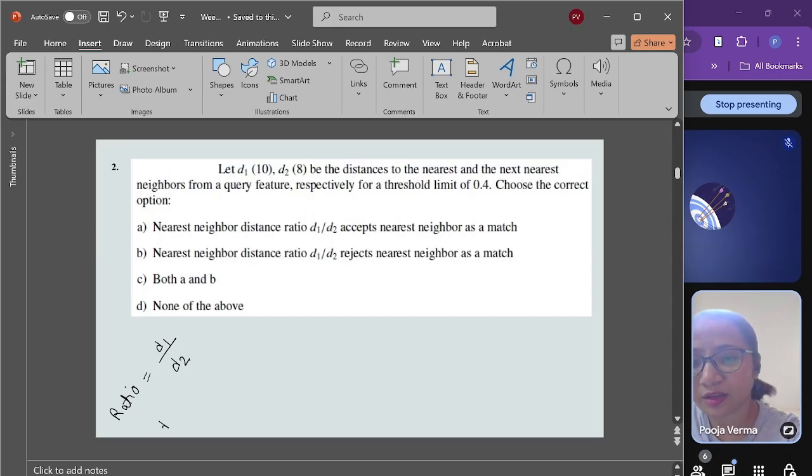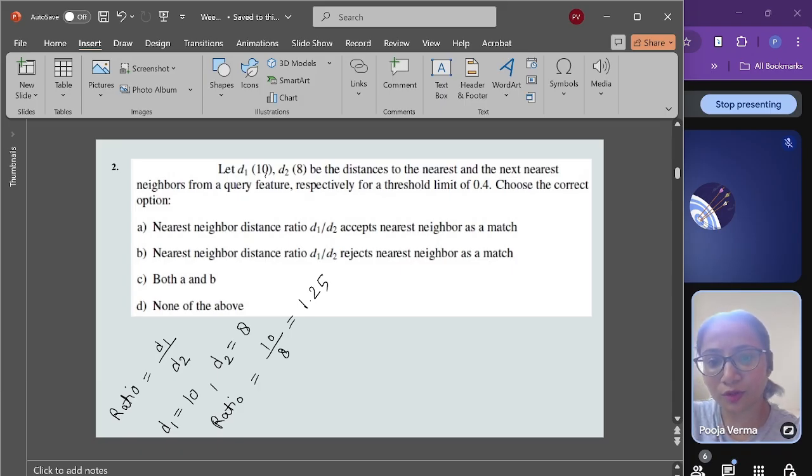Here D1 is given as 10 and D2 is given as 8, so the ratio is 10 by 8, which is 1.25. To decide whether to accept or reject the nearest neighbor, we compare the distance ratio with the threshold limit, which is 0.4.